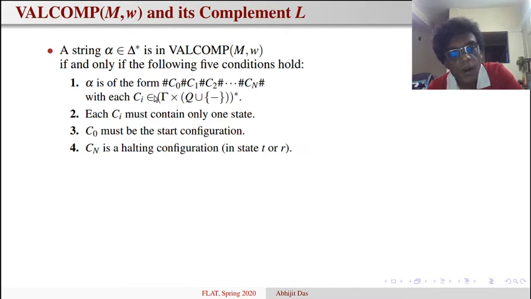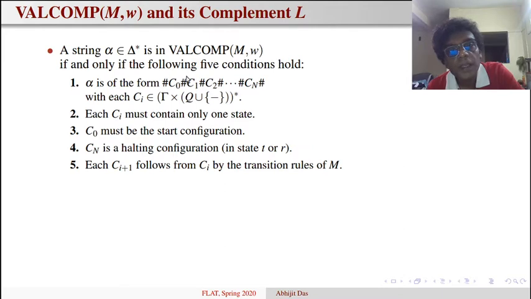The fifth one I may call semantic correctness. Each Ci plus 1 must follow from Ci using the transition rules of M. That is, if C0 is the initial configuration, C1 must follow by one move of the Turing machine M on W. C2 must follow by one move of M on W. C3 must follow in one move, and so on.